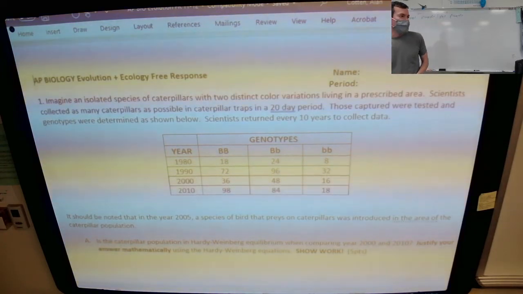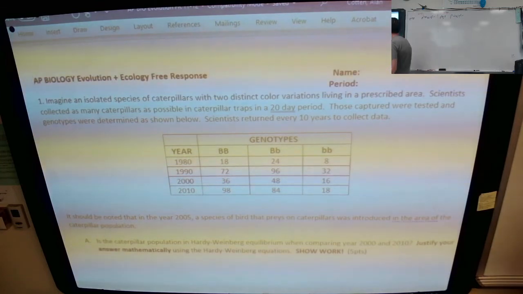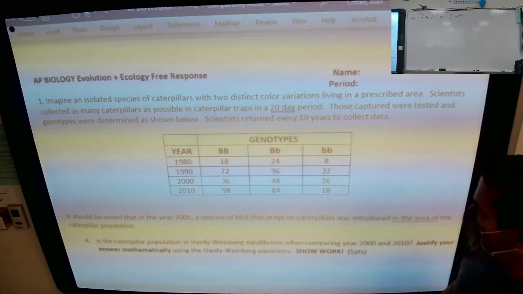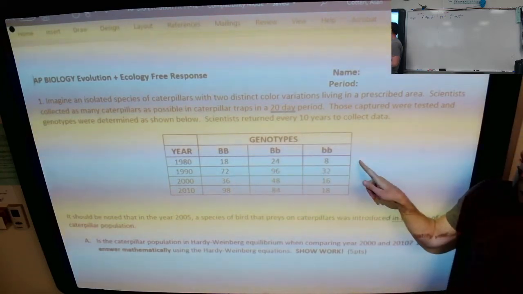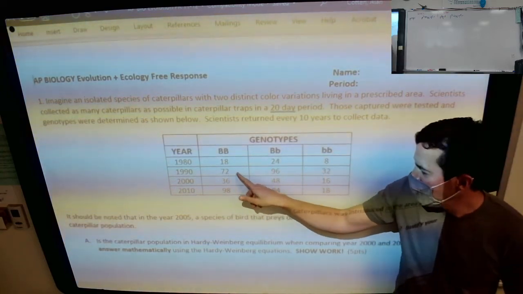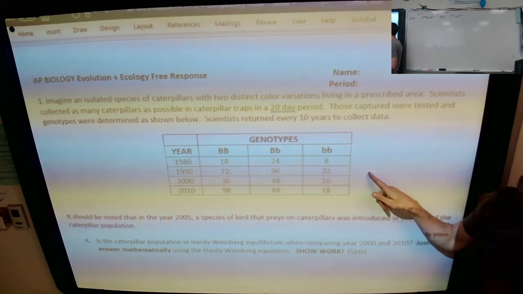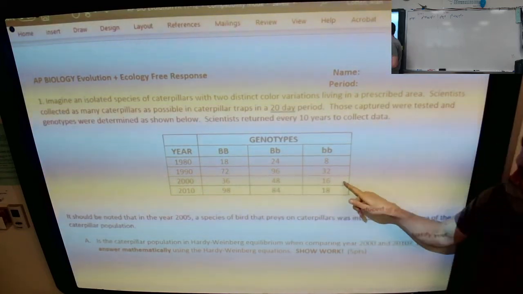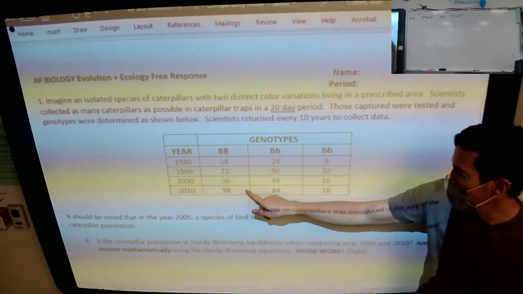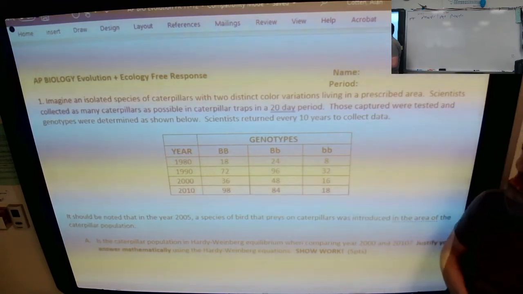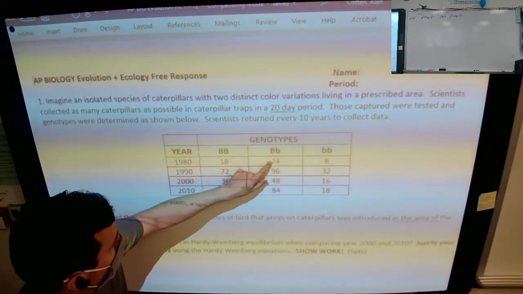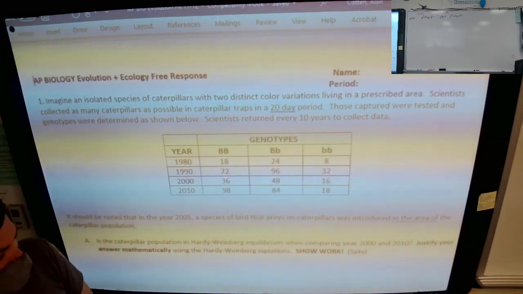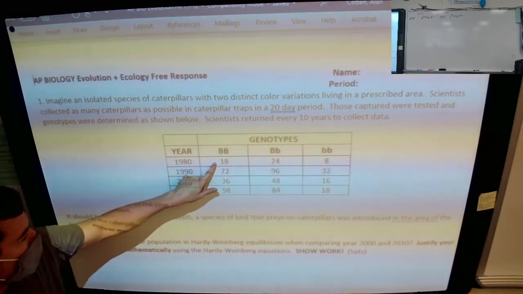So here's what we do. If I look at these first, you'll notice the numbers add up to clean numbers: this adds up to 50, this adds up to 200, this adds up to 100, this adds up to 200. If this adds up to 50 and I want percentages, I just double everything.